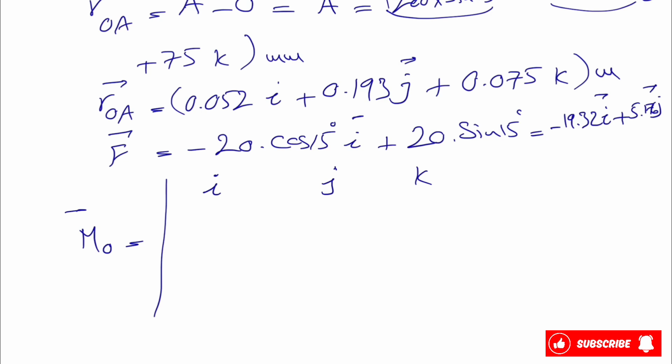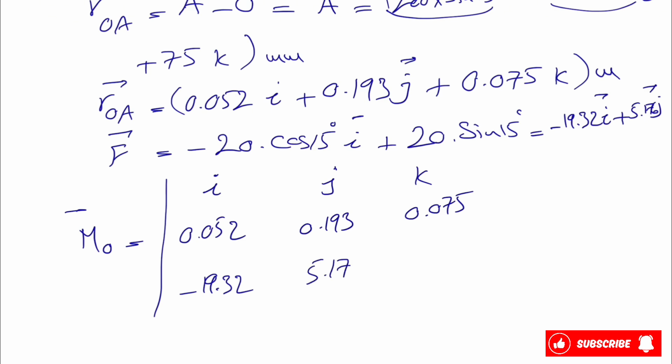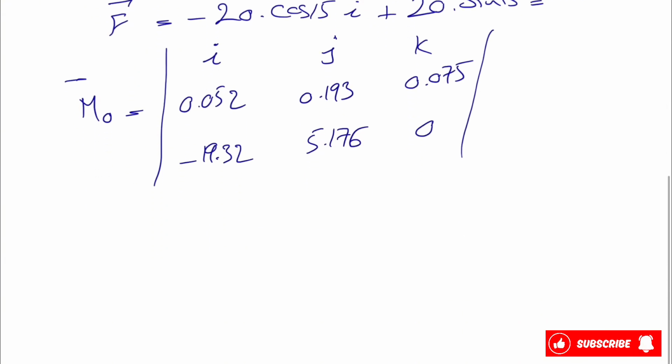In the second row we have our r_OA, which is 0.052, 0.193, 0.057, 75, and in the last row minus 19.32, 5.176, 0. So all we need to do here is find the determinant.